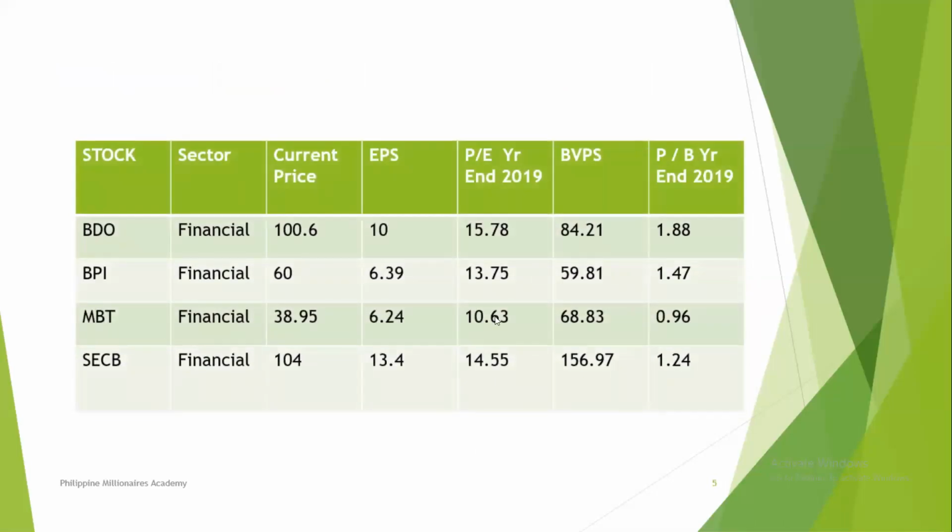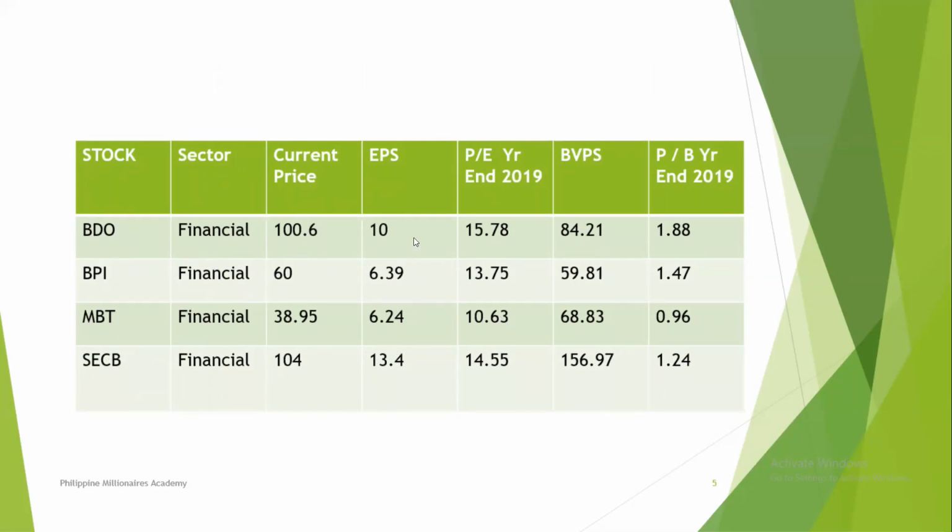Okay guys, this is an example of how you should analyze a particular set of stocks. We have here different stocks, BDO, BPI, MBT, SECB, which belong to the financial sector. Their current price is written here.